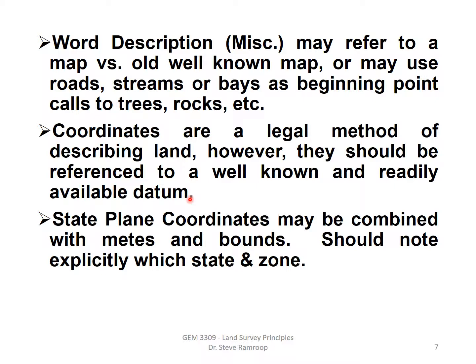For retracing surveyors to retrace the original boundary, they have to use the datum used at the time of setting out the original boundaries. State plane coordinates may be combined with metes and bounds. The description should note explicitly which zone and which state.